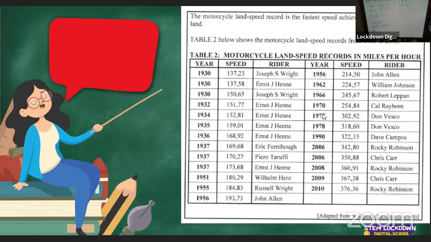So during this time, Ernst J. Hing was the world record holder for 6 years. For 6 years, Roger was the world record holder. So if I subtract these values here, if I say 8 minus 5, I'll get 3. So this is even smaller. So we're looking for a period of 6 years.